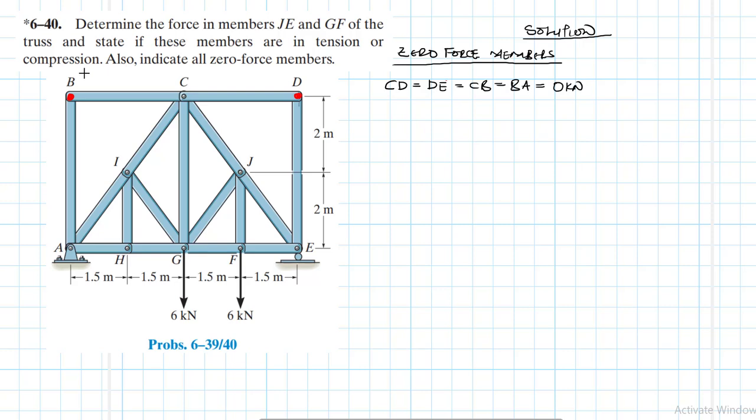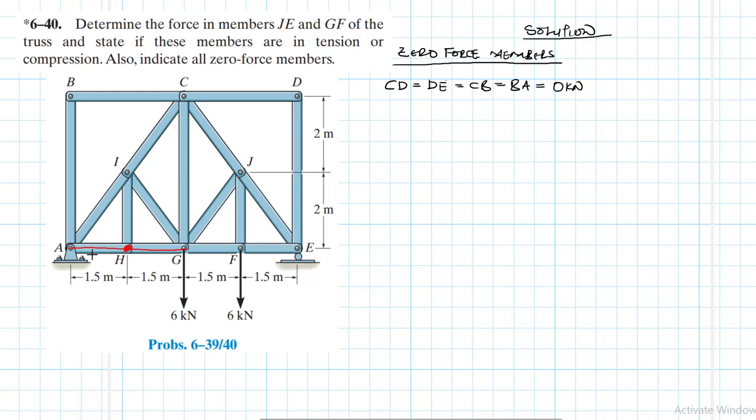Which other one? Let's look at another joint. Joint H is a truss joint that is created by three truss members, but two members, AH and HG, are collinear. They are in a straight line.